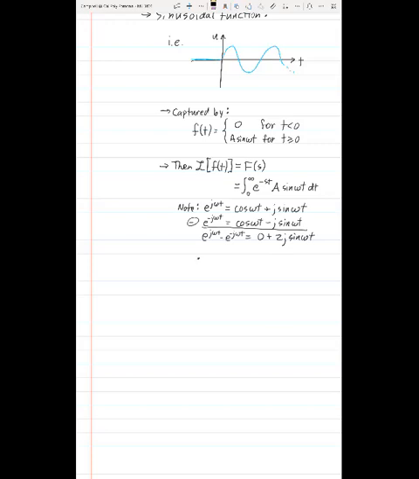So that means, of course, solving for that sine, I get that sine omega t is equal to 1 over 2j times that combination of exponential functions, e to the j omega t minus e to the negative j omega t.